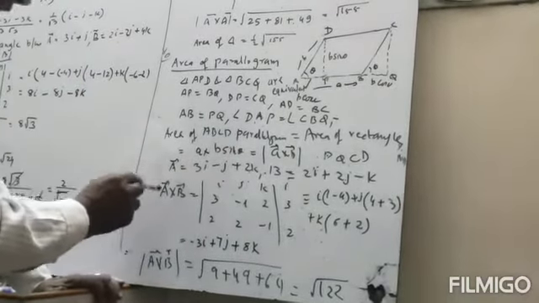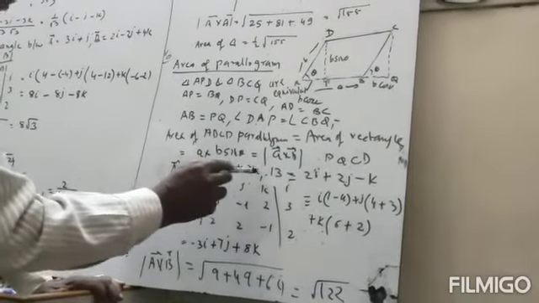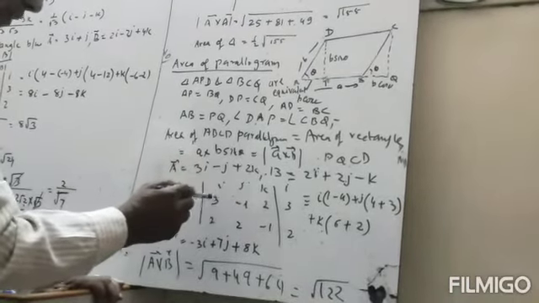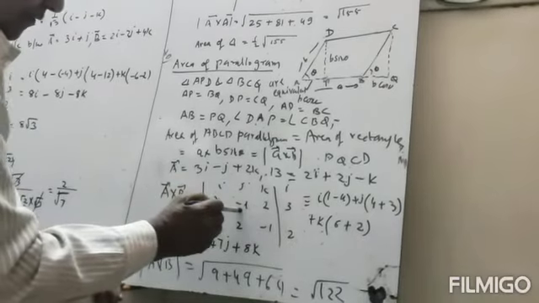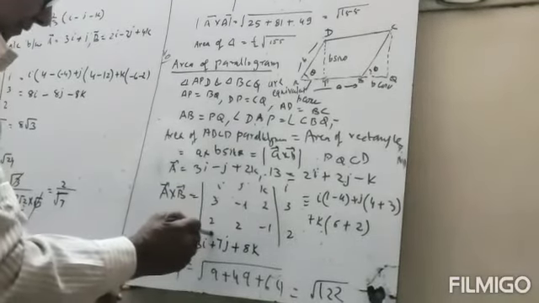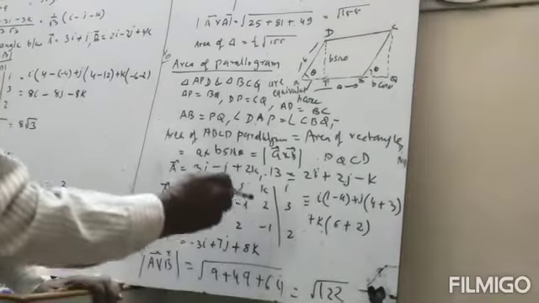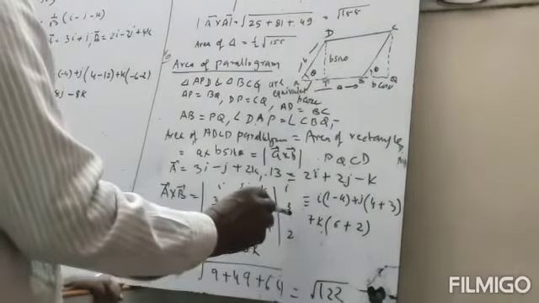So A cross B will be equal to, now A is this, B is this, put the values 3, -1, 2, 2, 2, 1. I repeat the first column, i, 3, 3.